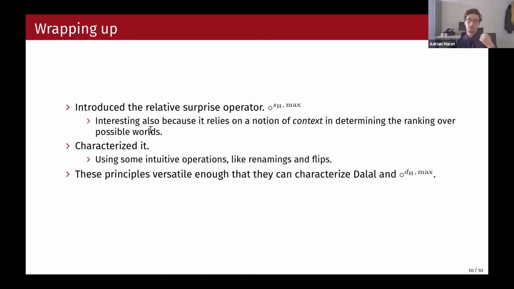And this is, I think, interesting because it also introduces a notion of context, which I think you don't see so much in revision, where this ranking on possible worlds depends not just on the prior belief phi, but also on certain things in the environment. In this case, on your new information mu. But of course, it could be other things like your peers or things like that.